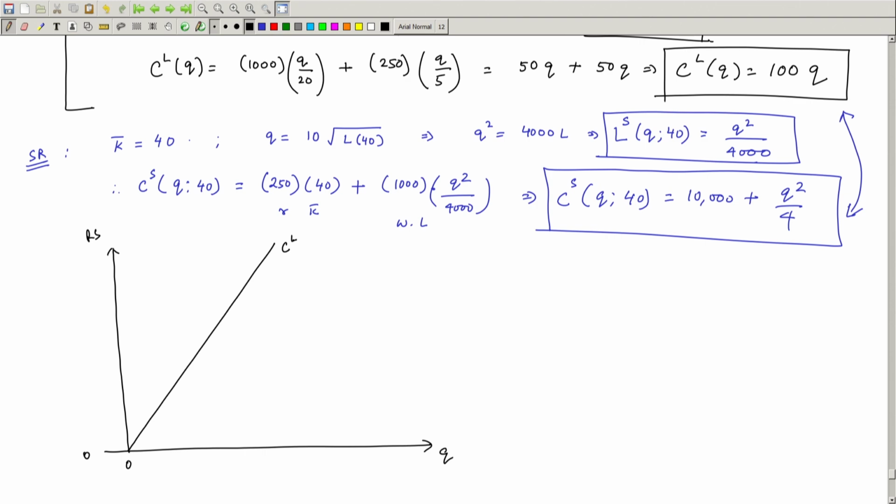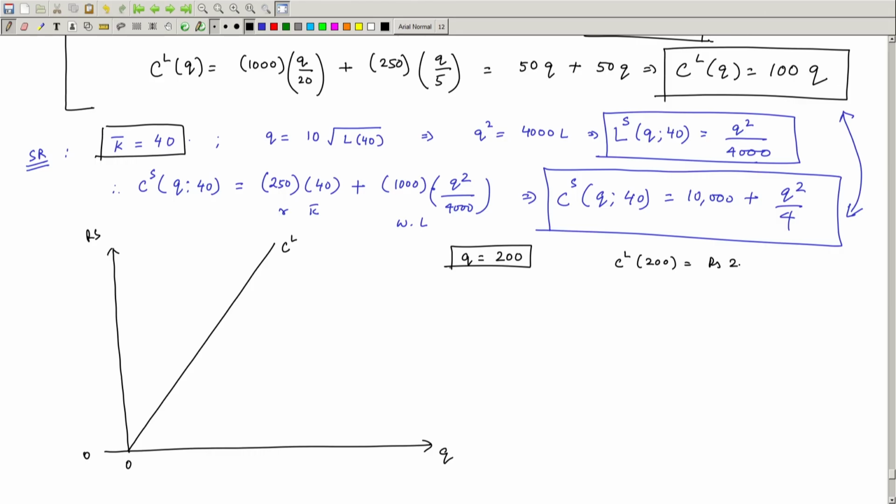Okay. So, the K bar equal to 40 is actually quite interesting. Now, suppose I said Q is equal to 200 units. So, suppose we want to produce 200 units. The cost in the long run of producing 200 units is 100 times 200.